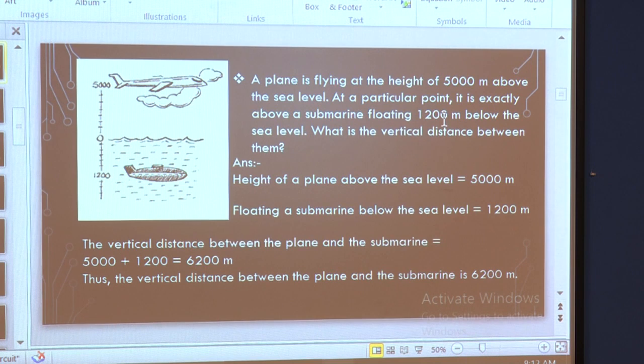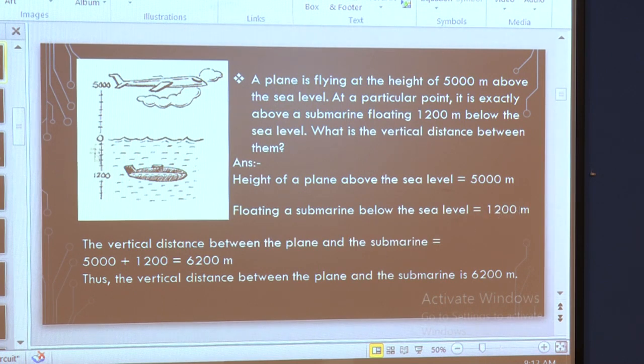The submarine is floating 1200 meters below the sea level. What is the vertical distance? Vertical distance means we have to find the distance between this aeroplane and the submarine. Because of the word problem, we have to write the statement. The height of the plane above the sea level is 5000 meters. The submarine is floating below the sea level at 1200 meters.